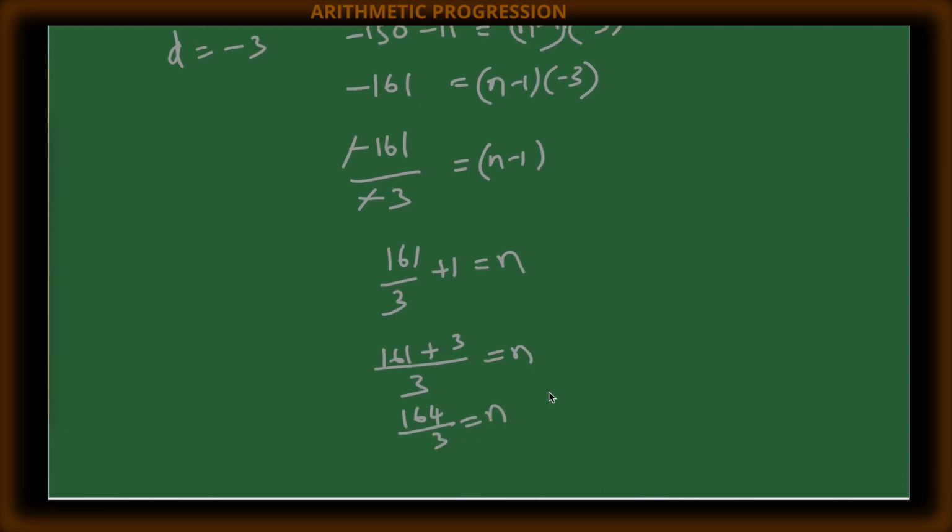So here n is equal to 164 divided by 3. Can 164 be divided by 3? No, it cannot. It becomes a fraction.